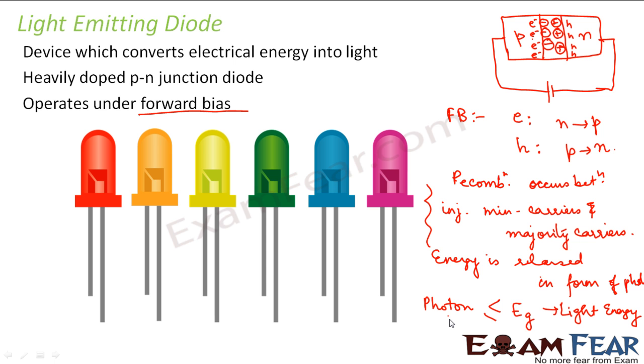These minority charge carriers will recombine with the majority charge carriers of that region, and energy is released as a result of this recombination. So energy is released in the form of photons. Photons which have energy less than or equal to the energy band gap will be emitted as light energy. So this is how electrical energy gets converted into light energy.